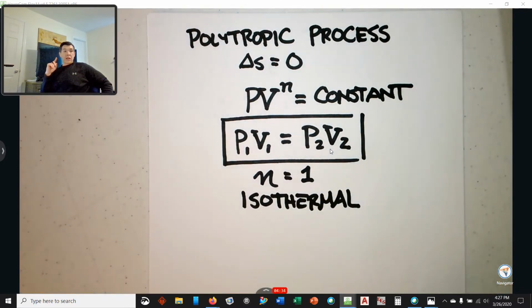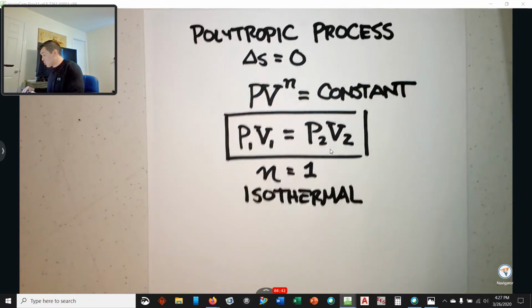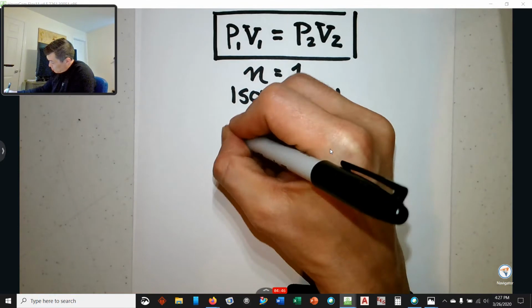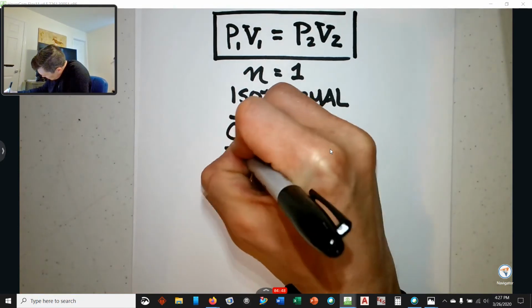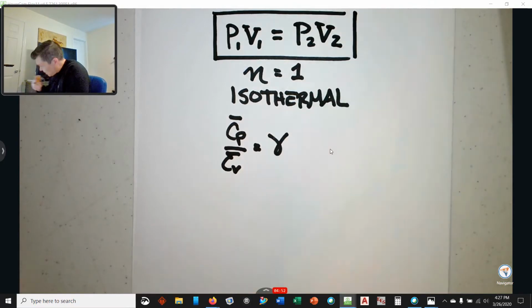Another case that we have, in fact what we are dealing with, is if n equals gamma, where gamma is the ratio of specific heats. Cp over Cv is gamma.